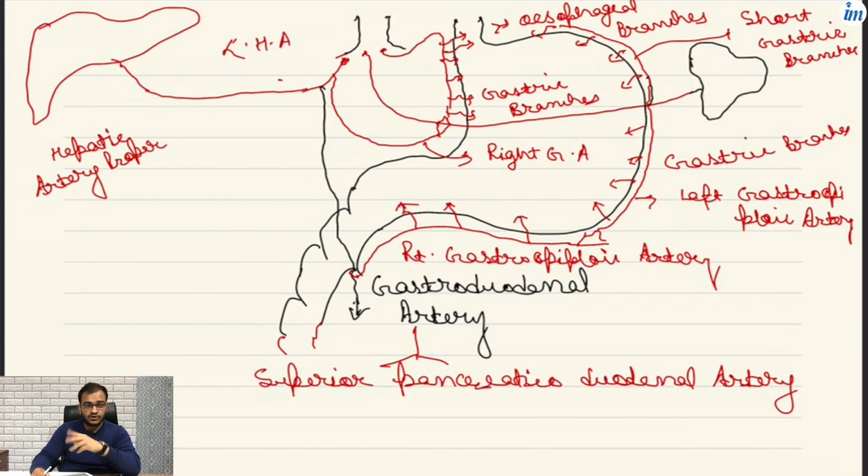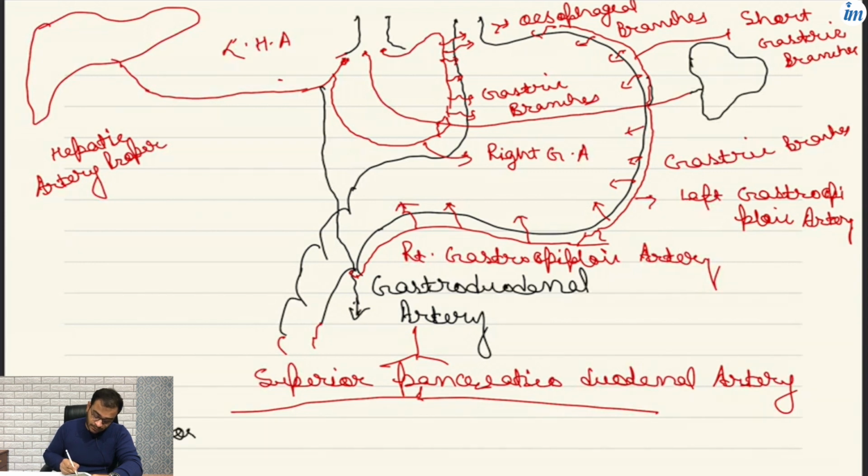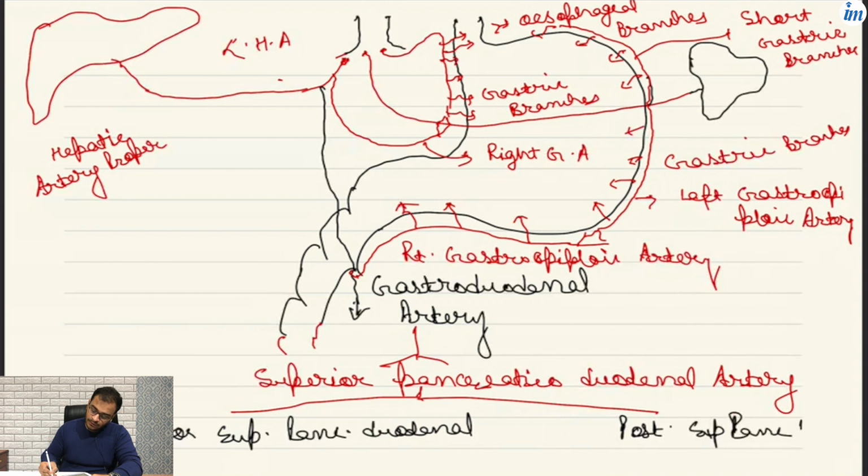Superior pancreatico-duodenal artery has two branches: anterior superior pancreatico-duodenal and posterior superior pancreatico-duodenal.